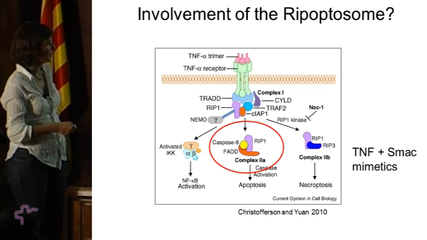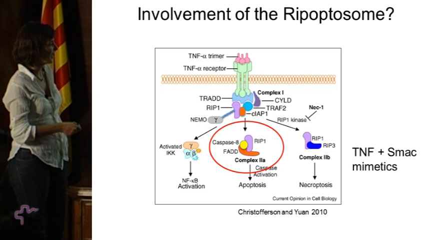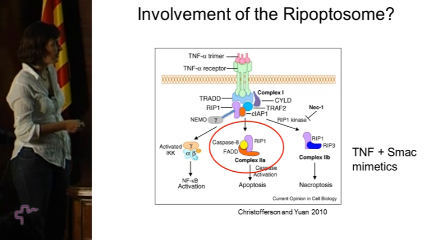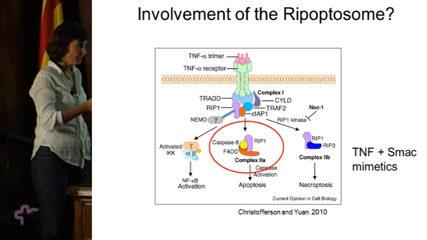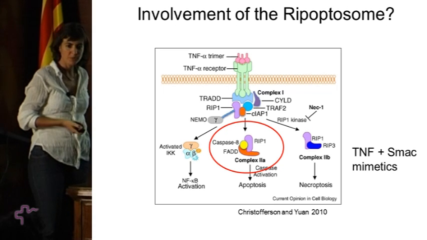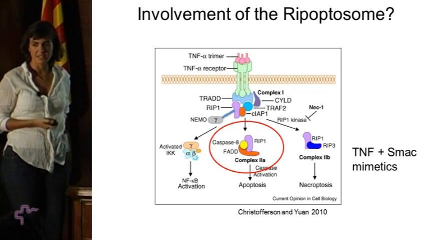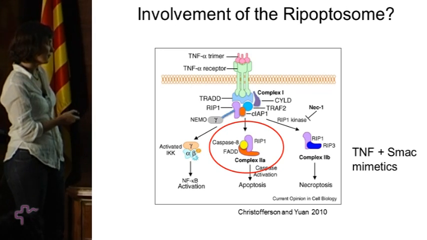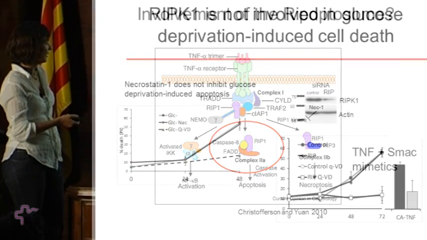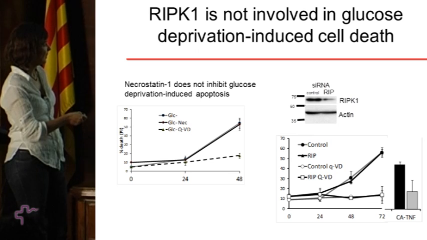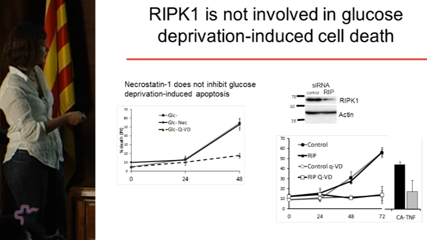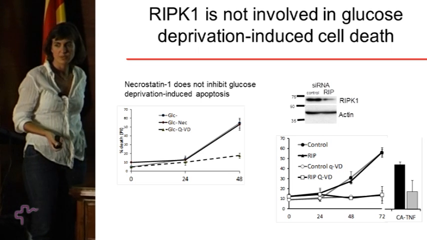So we tried to analyze whether caspase-8 was activated in this complex by inhibiting the activity of this kinase, RIP, by two different means. One was by using a compound called necrostatin, which is the inhibitor of the kinase, and the other one was by knocking down RIP. So in these totally parallel lines, you can see cells treated or non-treated with necrostatin when deprived of glucose, so the necrostatin doesn't have any effect.